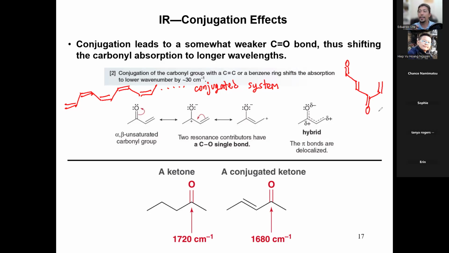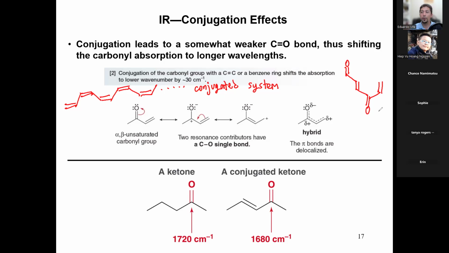Conjugated systems very likely have resonance structures, right? So when you have resonance, that means that it's not entirely a double bond and it's not entirely a single bond. It's like a 1.5, 1 1/3, 1 1/4 bond, depending on how many resonance structures you have.